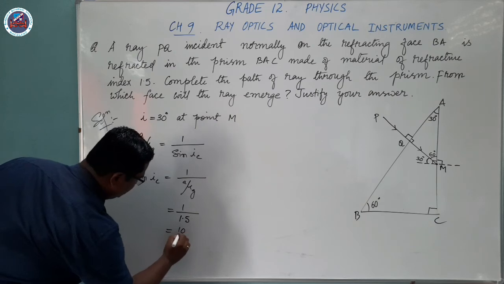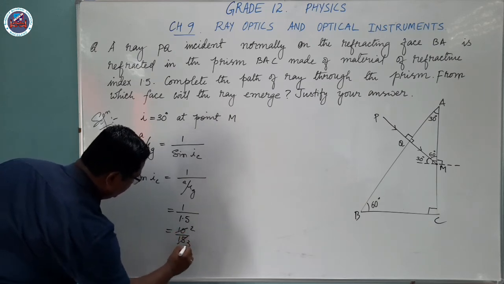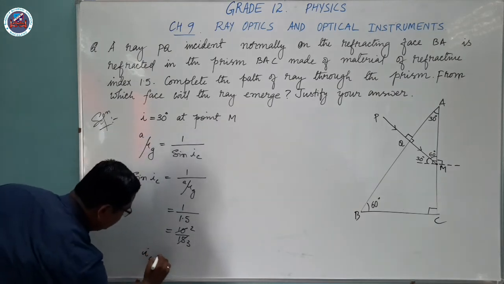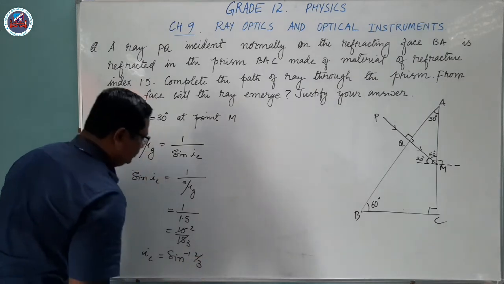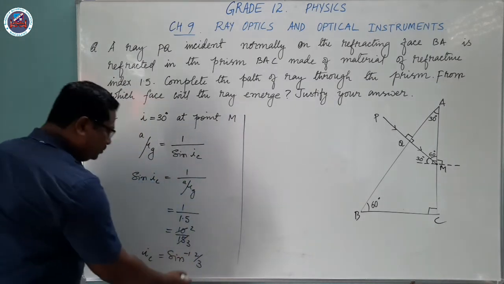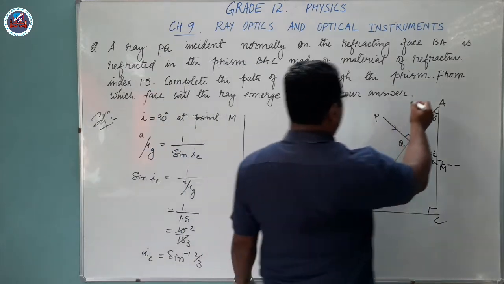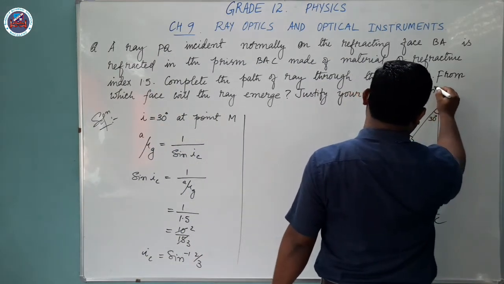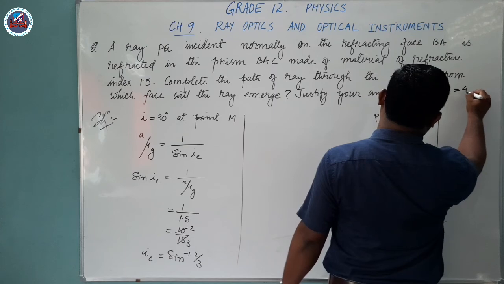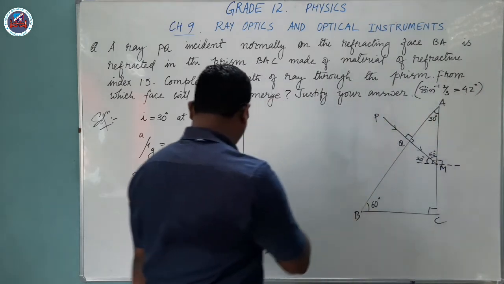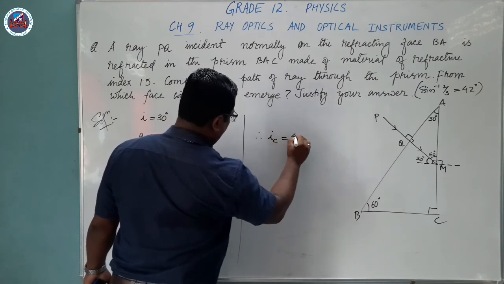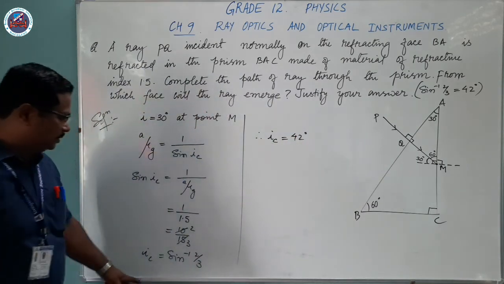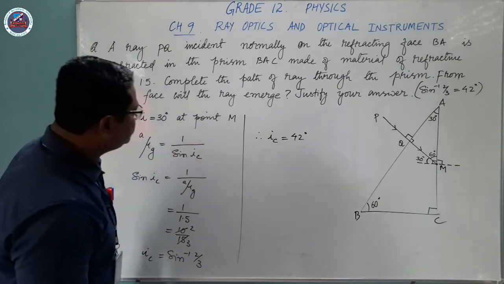Then this is 10 divided by 15, so it is 2 by 3. So IC will be sin inverse of 2 by 3. This value of sin inverse of 2 by 3 will be given to you in the question. By looking at the value, you will put it. Therefore, IC is equal to 42 degrees. Sin inverse of 2 by 3 is 42 degrees.